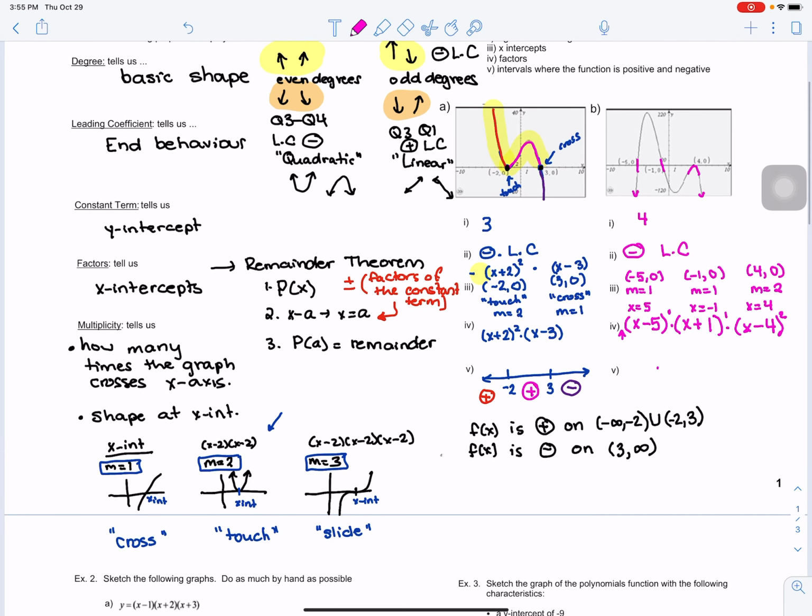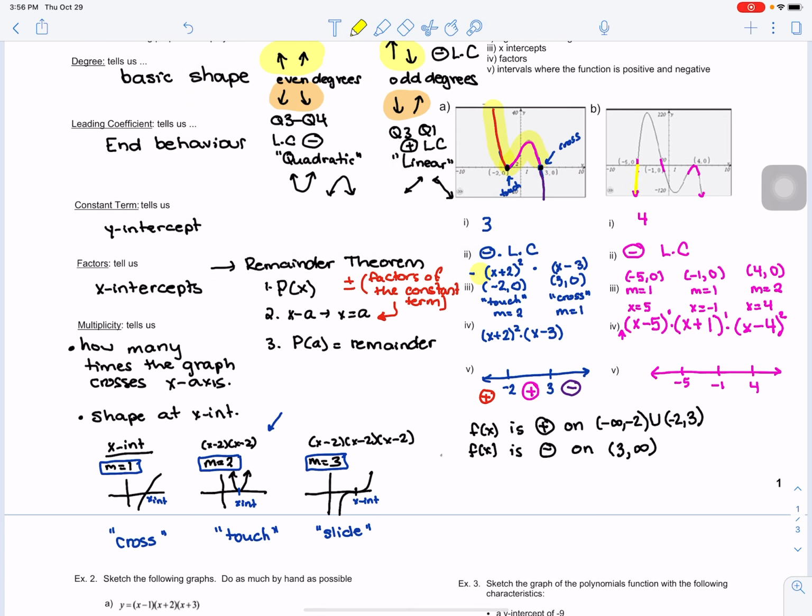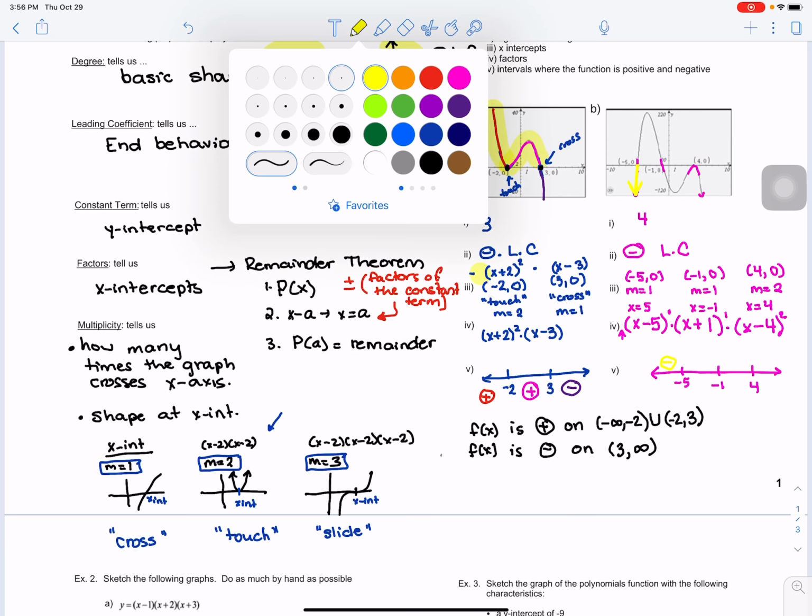Now I'm going to draw a number line to separate my graph. The lowest x-intercept is -5, then -1, then +4. So my graph is broken up into 4 sections. In the first section, my graph is negative. That's a little bit hard to read, so I'm going to use a different color.